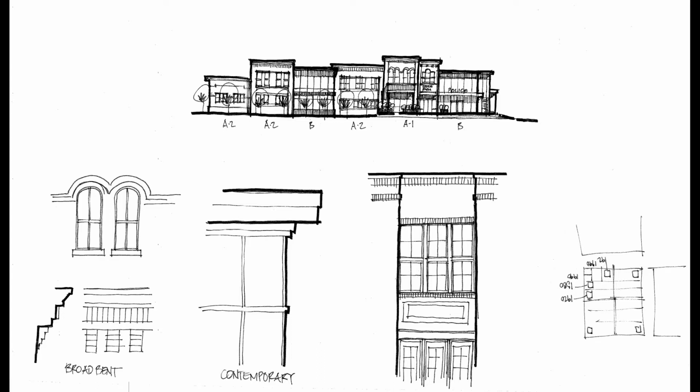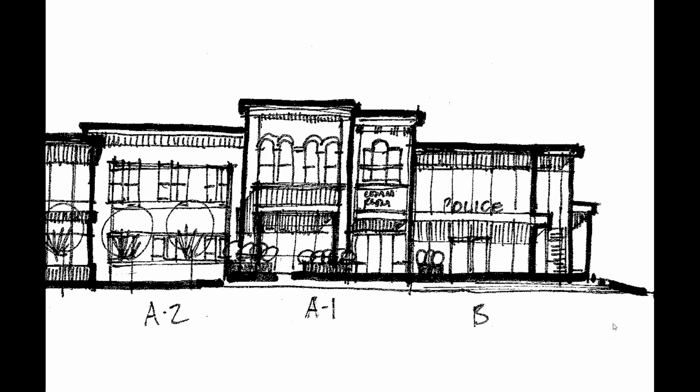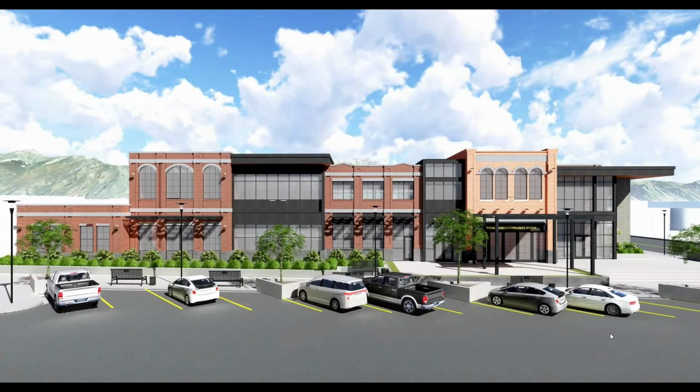And so we looked at that and had 3 distinct periods of time in architectural history where styles were, and started to replicate that into a streetscape for Lehi Police. Here are some enlarged versions of the concepts, looking more closely at the Broadbent building aspect and the modern entry to the police station.